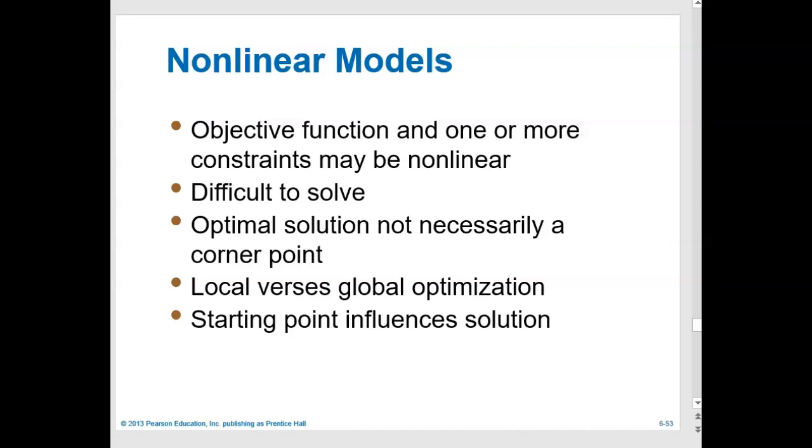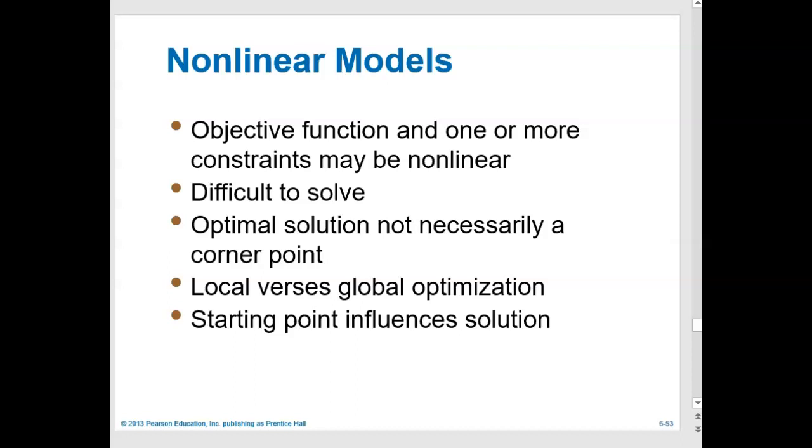However, in a lot of real world situations, the objective function or one or more of the constraints may be nonlinear, and this is not a very unrealistic assumption to make, that relationships across variables are nonlinear.